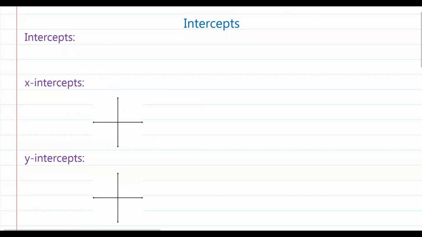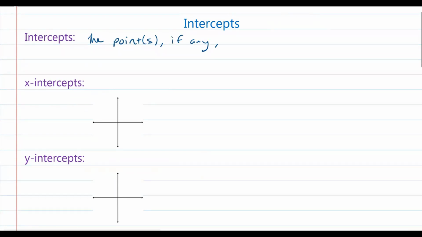An intercept is the point(s), and because there could be more than one point, I'm going to put an S in parentheses to indicate that there could be more than one, although there could be only one, if any exist.